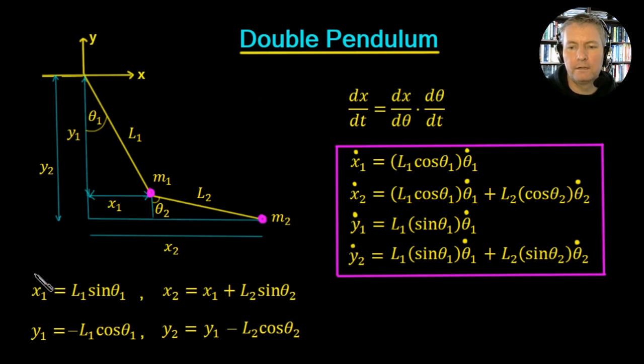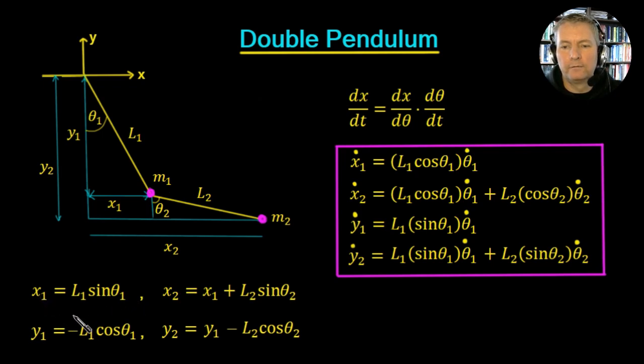So what we have here are four equations of position. They relate x1, y1, x2 and y2 to the angles θ. So these here are functions of the angle θ. But we're wanting to find the velocity of these.